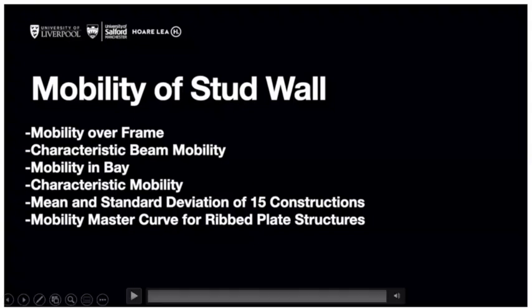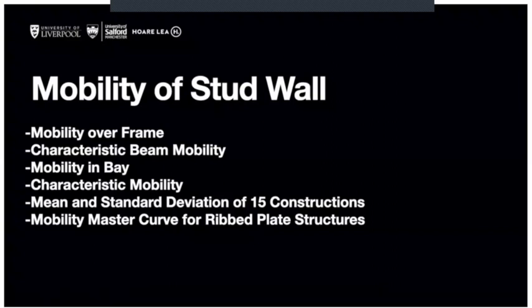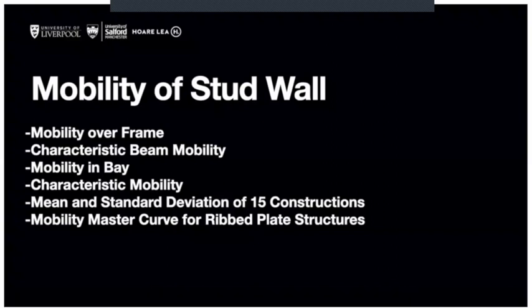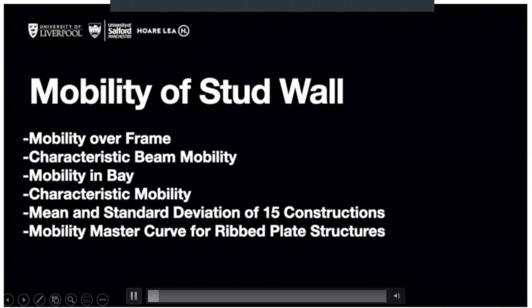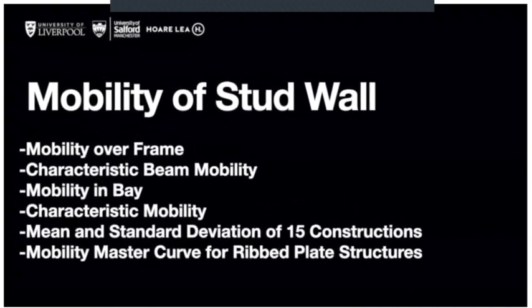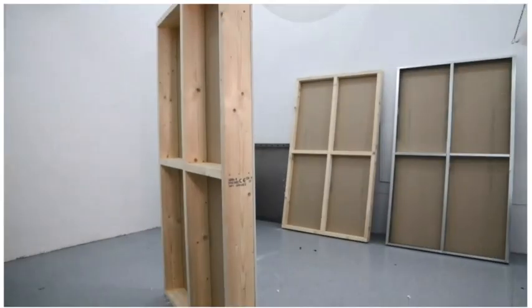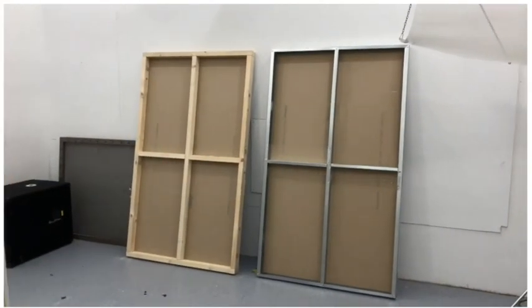Let's have a quick look at a demo of a stud wall, which is a similar construction. You've got some studs and a plasterboard wall over it. It's similar in shape or form, not in material properties, to a timber joist floor. It's just a vertical ribbed structure. So you've got this stud wall, as you can see.